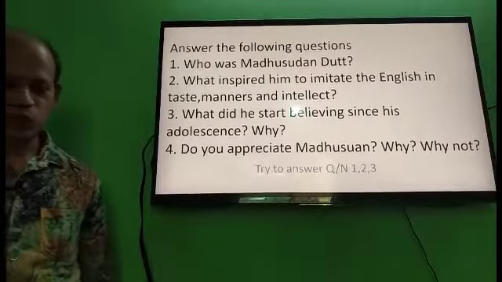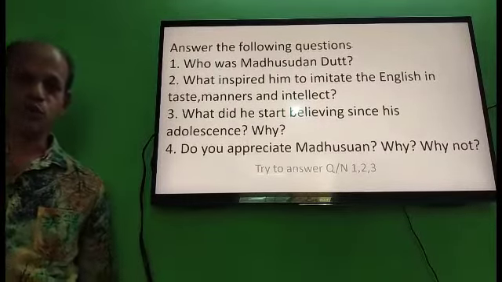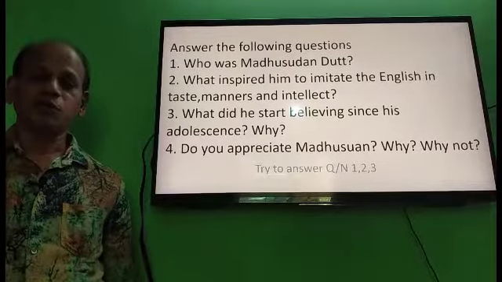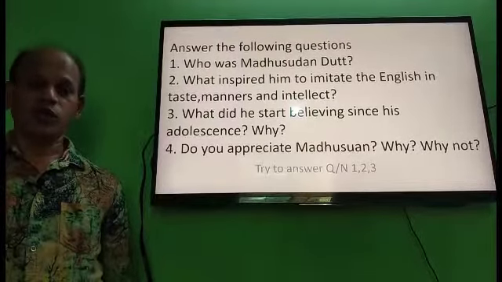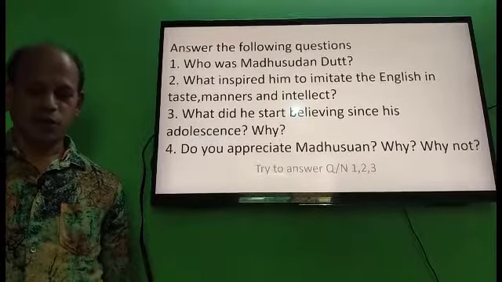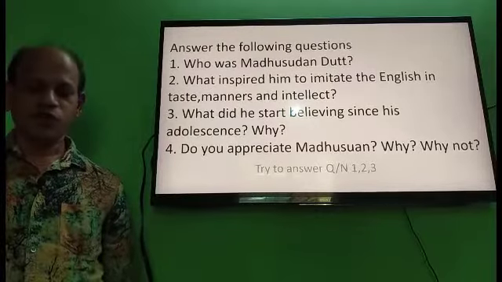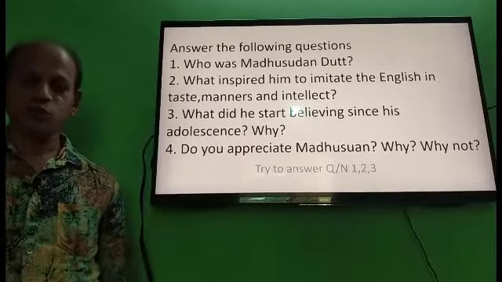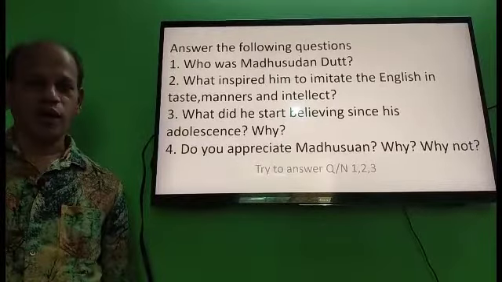Number 1, who was Michael Madhusudan Datta? Number 2, what inspired him to imitate the English in taste, manners, and intellect? Number 3, what did he start believing since his adolescence? Why? And last one, do you appreciate Madhusudan? Why? Why not?